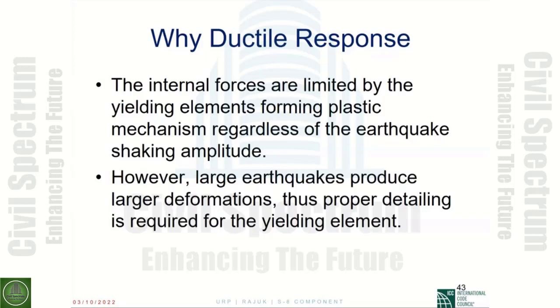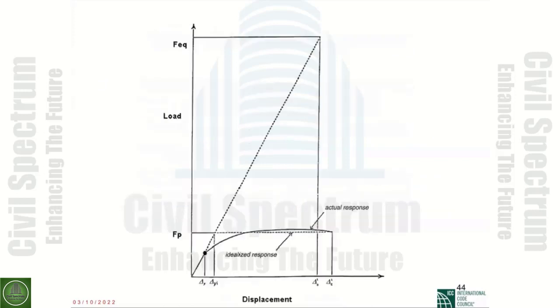That's a very important thing. So it does not mean that if you have a plastic hinge, you have really limited the seismic forces. Indeed you did, but you may have larger deformations due to the bigger earthquake.